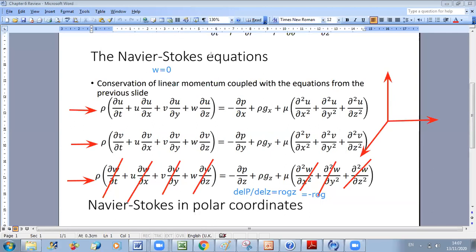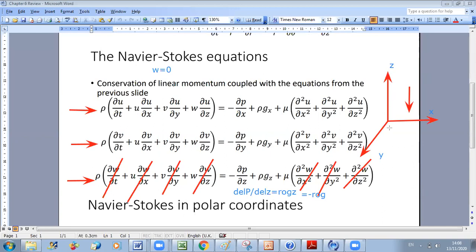If they consider that xy is the horizontal plane, and z is the vertical, then due to the force, which is weight, you have that the component of g in general, you can divide into gx, gy, gz.